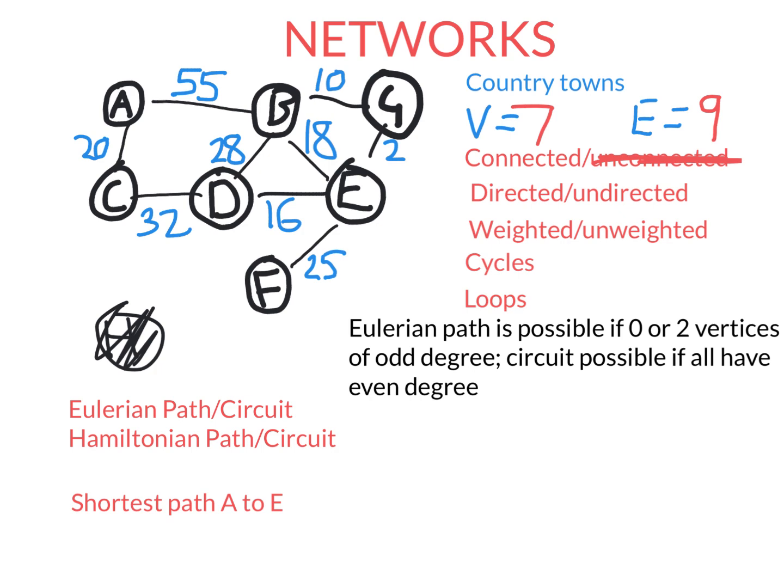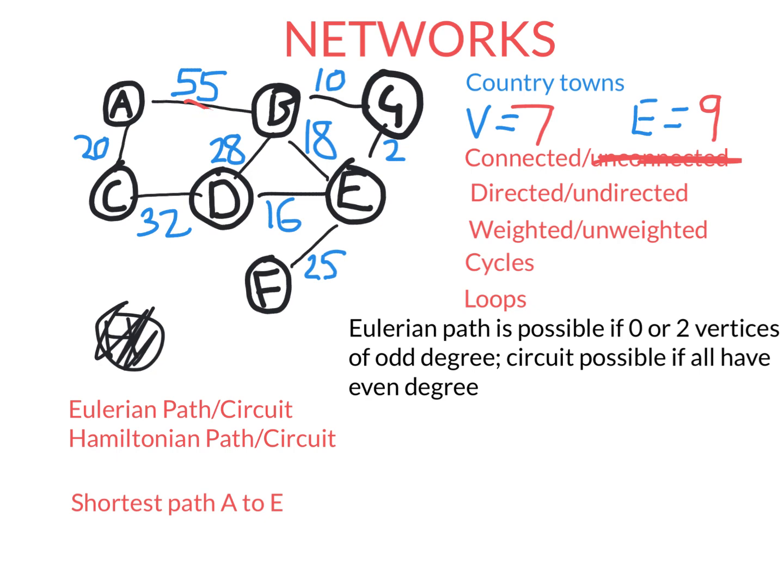So is this a directed or undirected network? When we have a directed network, you will see arrows along these. They happen in things like water flow networks, series of pipes. If you see arrows along these, an arrow like this, it means that travel is only possible in one direction across an edge.